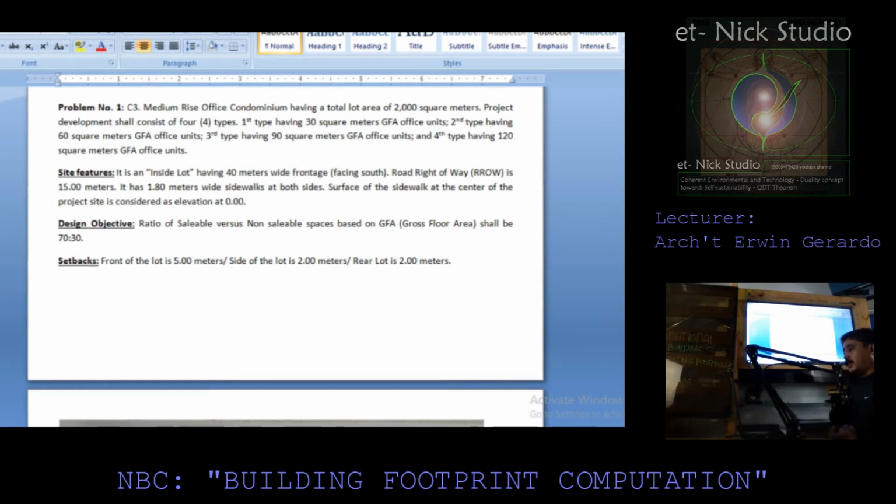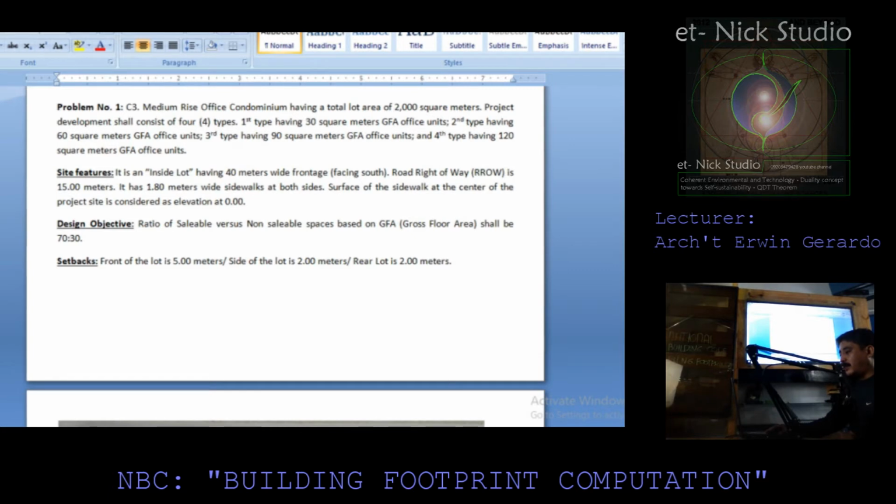Site features: it is an inside lot having 40 meters wide frontage facing south. Road right of way is 15 meters. It has 1.80 meters wide sidewalks at both sides. Surface of the sidewalk at the center of the project site is considered to be elevation 0.00.